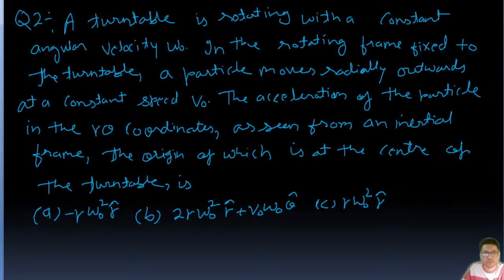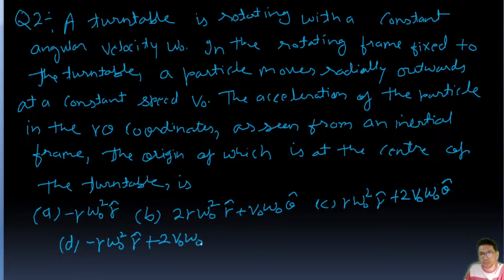Option C is r omega naught square r cap plus 2 v naught omega naught theta cap, and option D is minus r omega naught square r cap plus 2 v naught omega naught theta cap. Okay, these are the options.